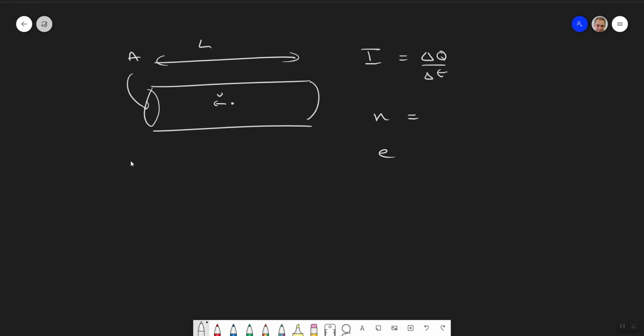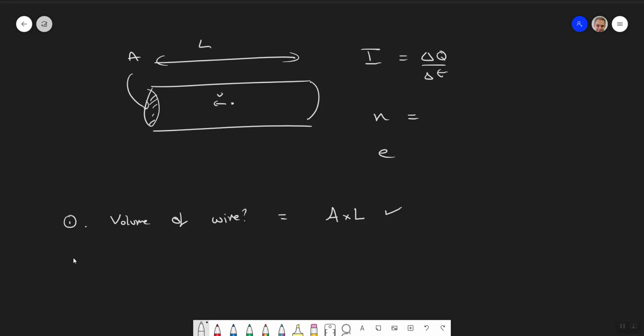So step one, what is the volume of the wire? Well, that's equal to A times L. This area times the length. Not even doing pi r squared h, because I don't really worry about that. So A times L. There it is.